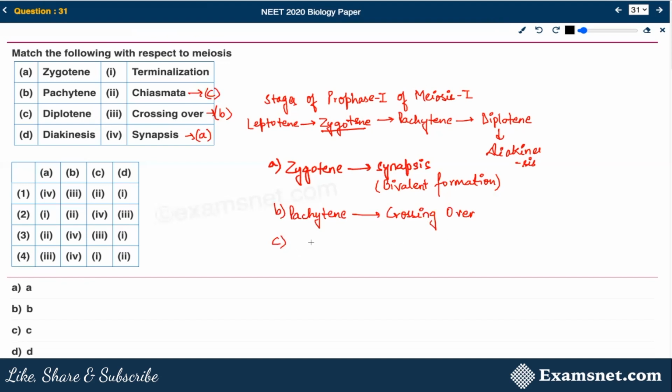So diplotene is related to chiasmata formation. And the last option left is diakinesis, which is related with the terminalization of chiasmata. So this is D1. Diakinesis is relatable to terminalization.